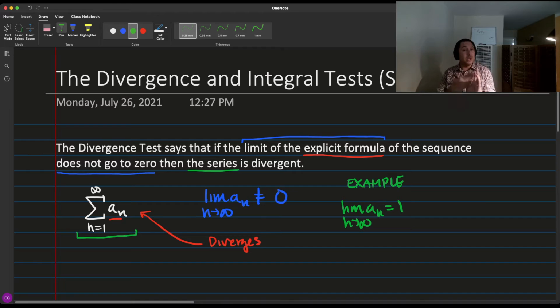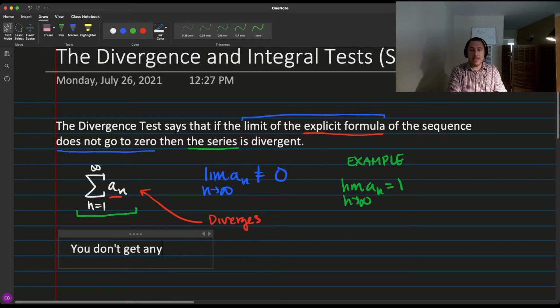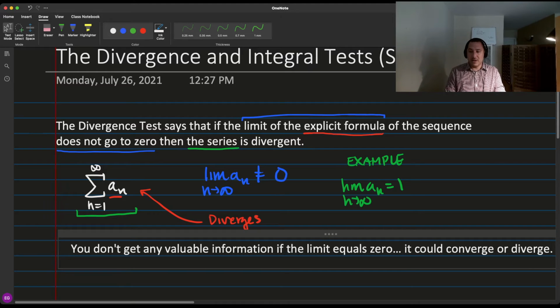But usually you want to show that it converges. So it is inconclusive if the limit goes to 0. You don't get any valuable information if the limit equals 0. It could converge or diverge. So that's an important thing to realize here.